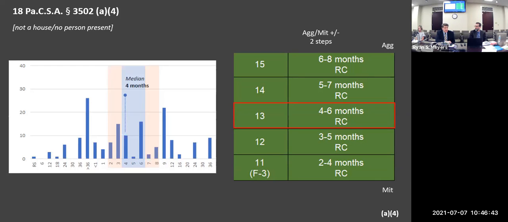If someone is on probation and has a prior record score, or you're looking to enhance or aggravate the sentence, you can add restrictive conditions. If someone is in jail, the recommendation for C for jail, you can trade off day for day restrictive conditions, like county IP used to be, for confinement. Yep. Okay. All right. Thanks.